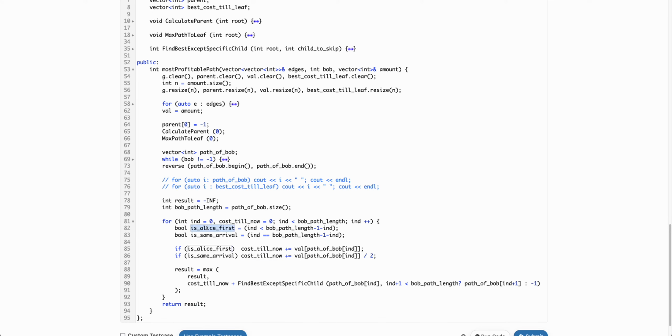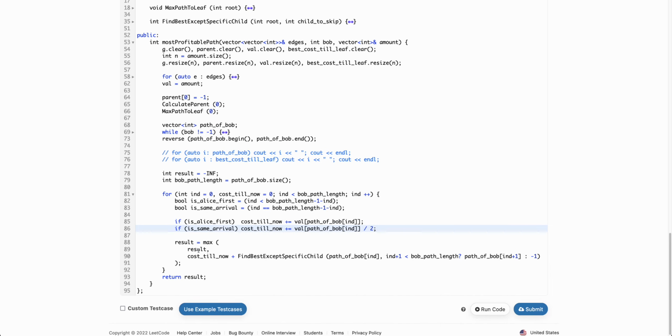So if Alice reaches first, you will increment the cost and give the entire value to Alice. If they both have the same arrival, you will give half of the cost to Alice because half will go to Bob. And if Alice doesn't reach first, it will go to Bob, so there is no contribution to Alice. That's why there is no next condition.